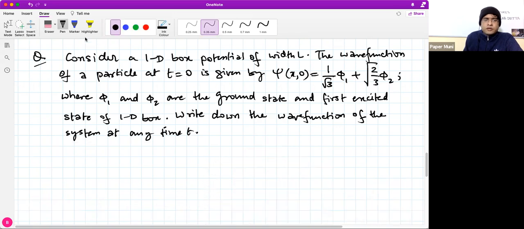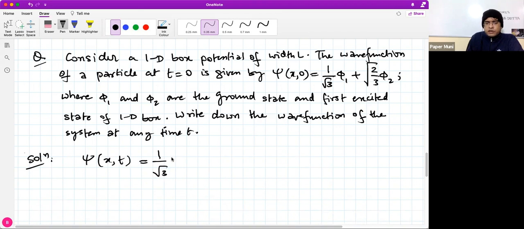All right, so just write down the wave function. How will it look? The wave function is already normalized, so we don't need to worry about it.